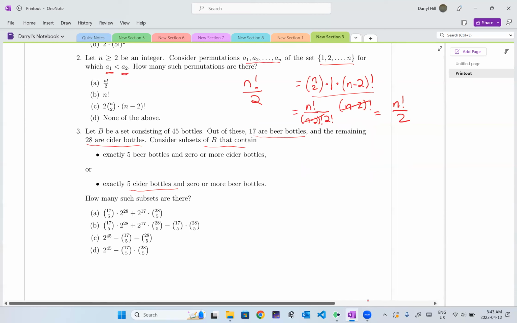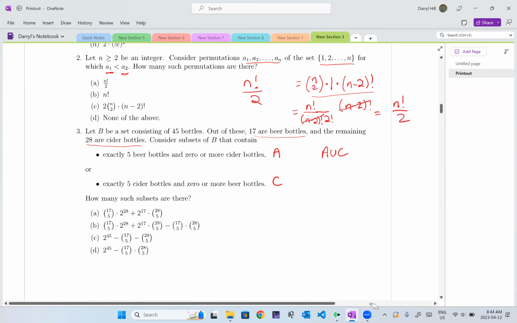We'll call the first set A and the second set C, and the OR means that we're counting A union C.